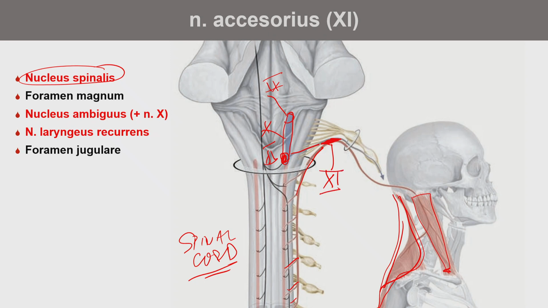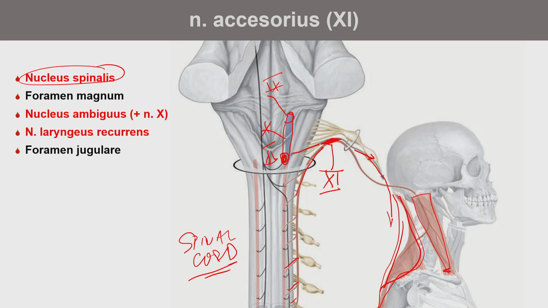But directly in the foramen jugulare, it splits into a branch which then enters the vagus, in the inferior ganglion. And then it goes out and innervates the inner space of the larynx.